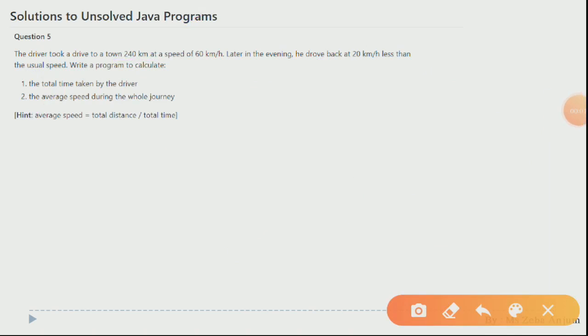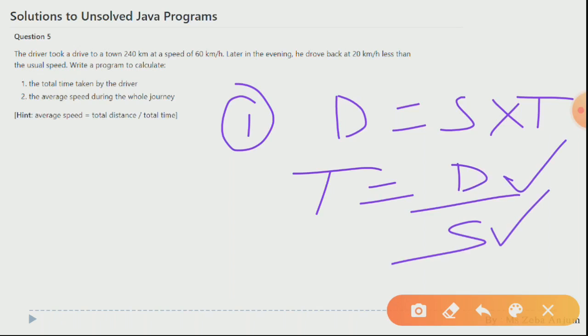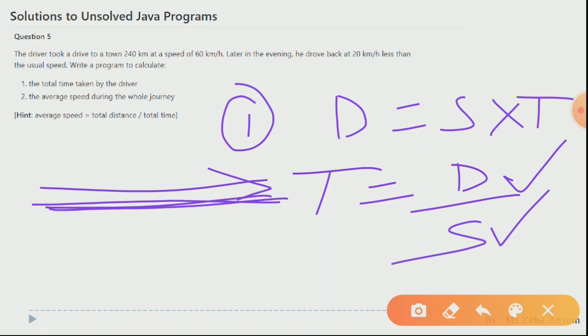Now what you have to do for the first part, total time taken by the driver. So total time means what, you are having this formula, that is distance equals speed into time. Yes, so time you are having what, distance upon speed. Total distance, total speed. Okay, total distance you are having 240 plus 240 while moving forward and while coming back, and speed 60 kilometer per hour for moving forward, and while coming back he drove 20 kilometer per hour less than the usual speed, that is 40.